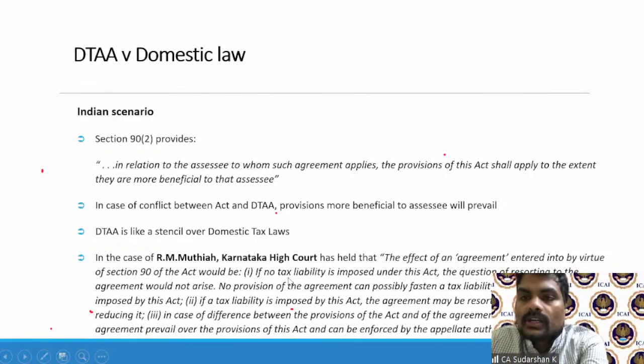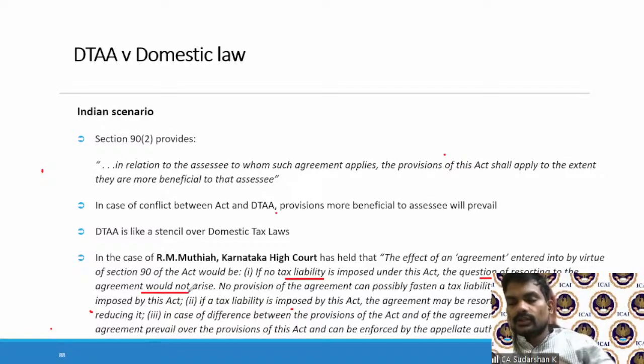You can also look at the Karnataka High Court in Aram Muthaya. Very beautifully, the court encapsulated the relationship between DTAA and domestic law. It said, if no tax liability is imposed under this Act, the question of resorting to the agreement would not arise. That's why I say first your starting point should be the Income Tax Act.